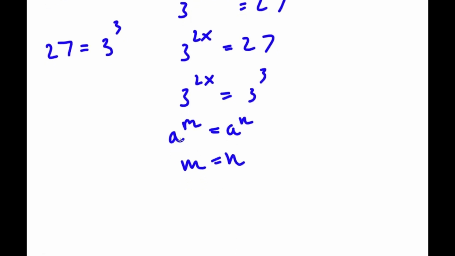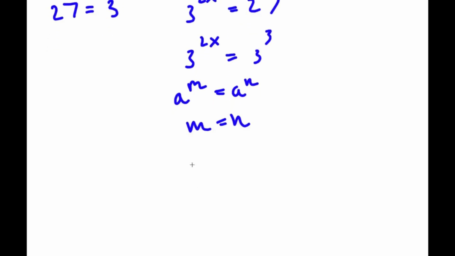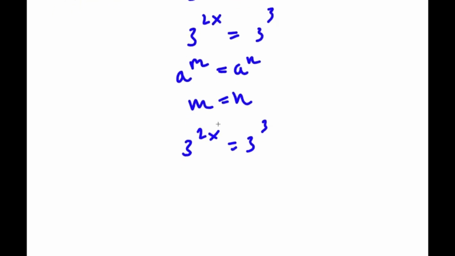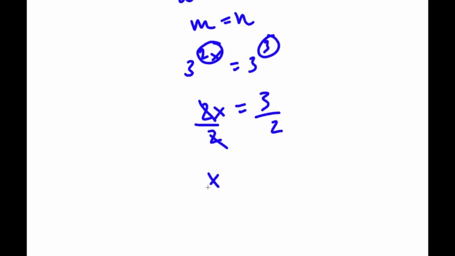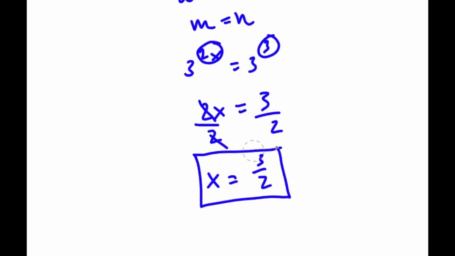Because if both the bases are the same, that means both the exponents are the same as well. So I have 3 to the power of 2x equals 3 to the power of 3, and our exponents are 2x and 3, so I'll set them equal to each other. 2x is equal to 3. Now if I divide both sides by 2, these two cancel out, so I get x is equal to 3 over 2. So this is our answer.